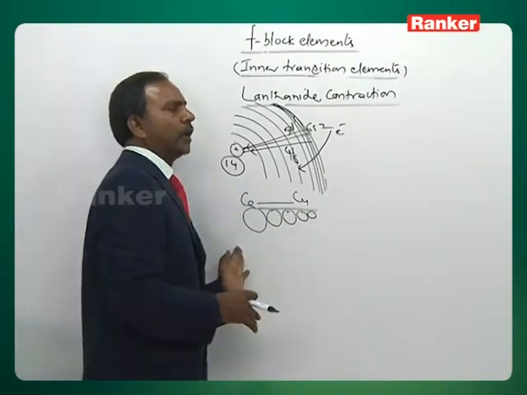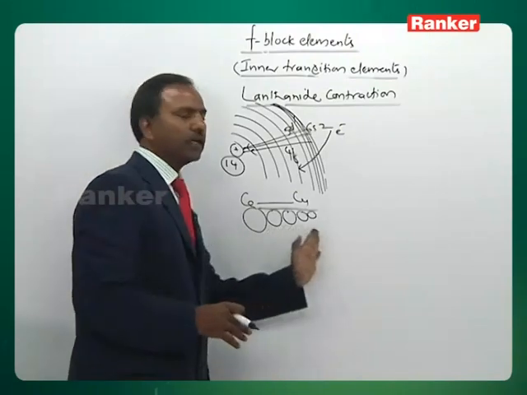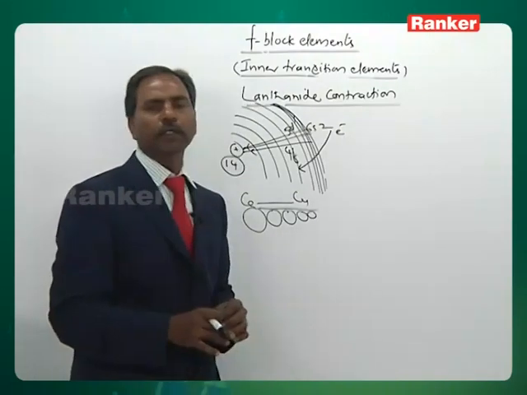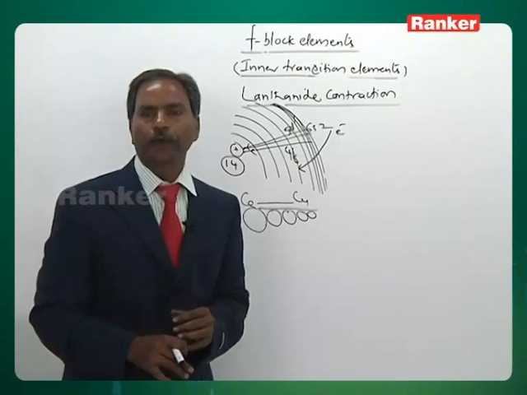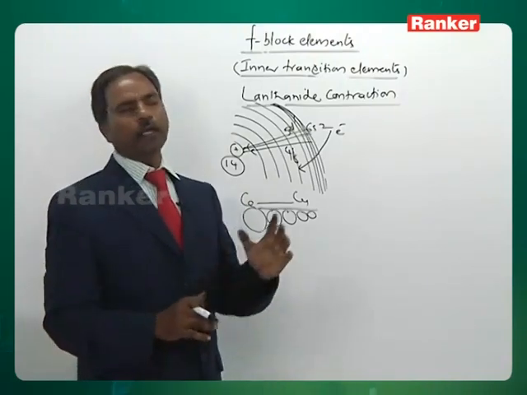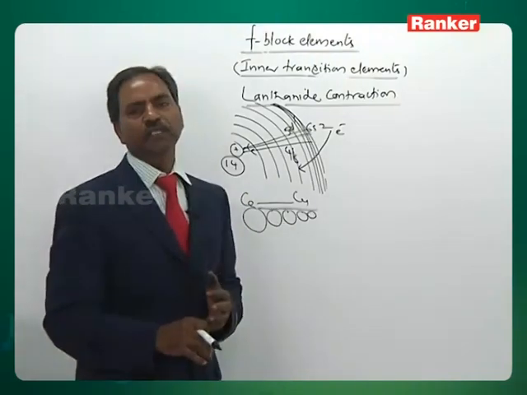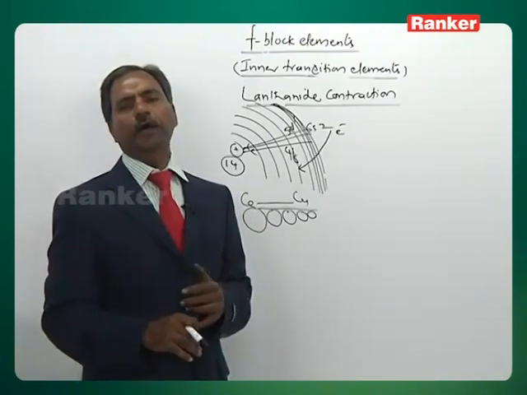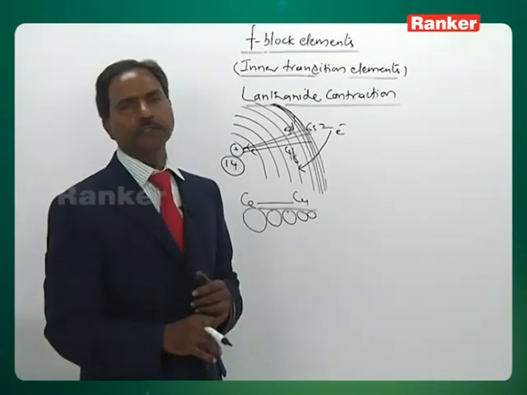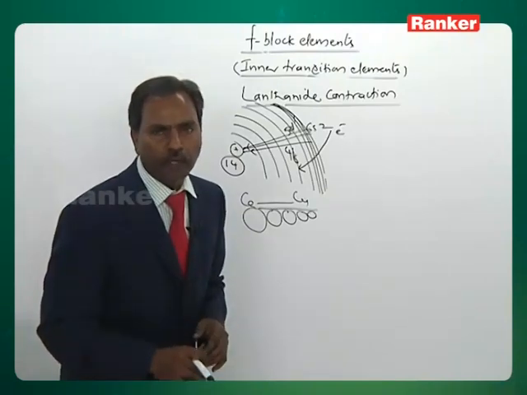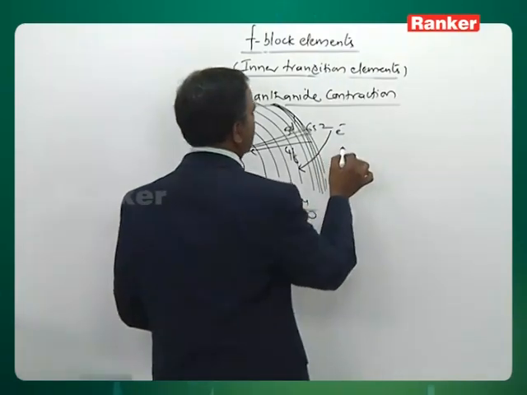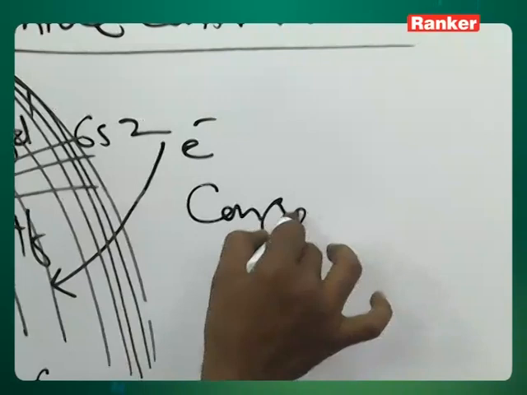As a result, from cerium to lutetium there is a gradual decrease in atomic size. This decrease we call lanthanide contraction. Let us now discuss the consequences, the results, the effects of this lanthanide contraction.